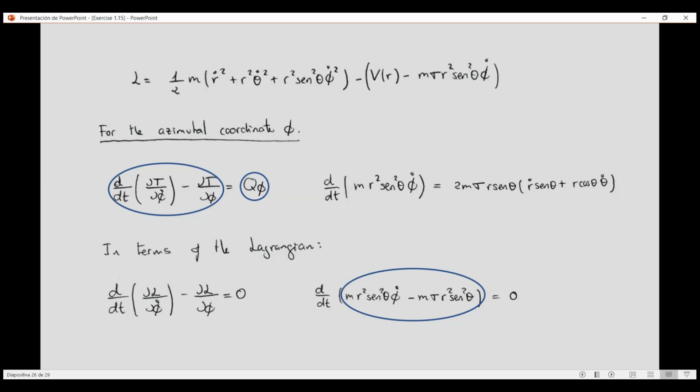When a coordinate does not appear in the Lagrangian, we say it is a cyclic or ignorable coordinate, and its canonical momentum, which is the partial derivative of the Lagrangian with respect to the coordinate dot, is conserved. So in this case, the canonical momentum of phi is conserved, and phi is called cyclic or ignorable.